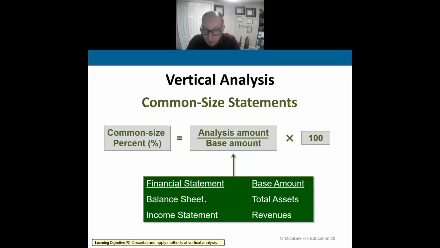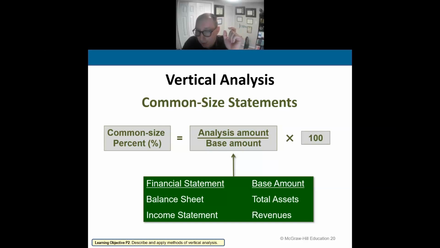And on the income statement, as you know, we have our revenues, we have sales, and we have all of our expenses. And then we have net income and taxes and all that stuff, fun stuff. So on our income statement, the base amount is total revenue. Okay, total revenue is the base amount on the income statement.